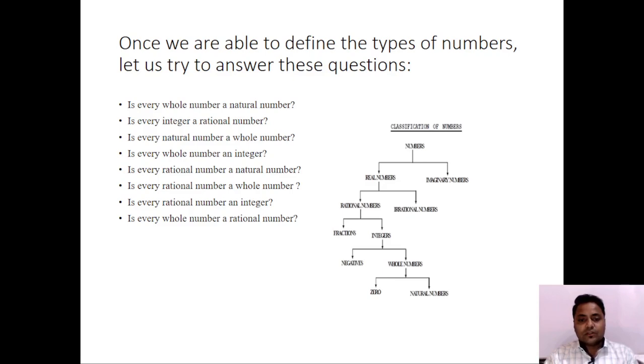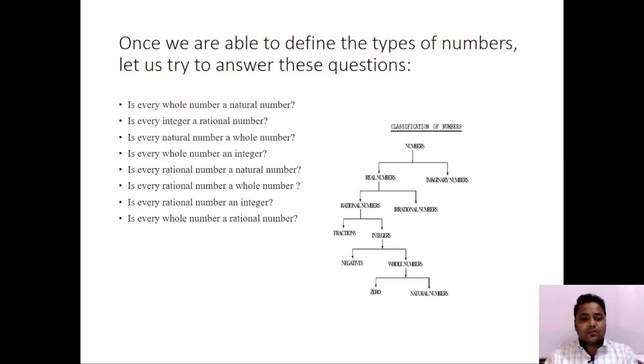You can see on the display, here is the classification of numbers. The numbers are categorized into two parts. The first is real numbers and the second is imaginary numbers. We are not discussing imaginary numbers here because this is part of complex numbers, and we will discuss that later. Here the real numbers have two important types. The first is rational numbers and the second is irrational numbers.